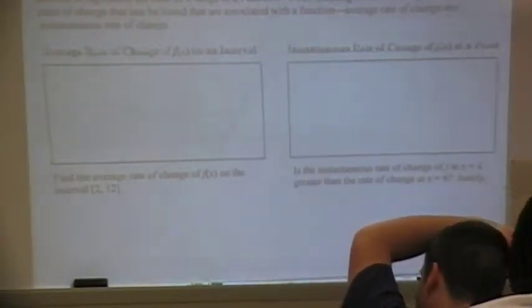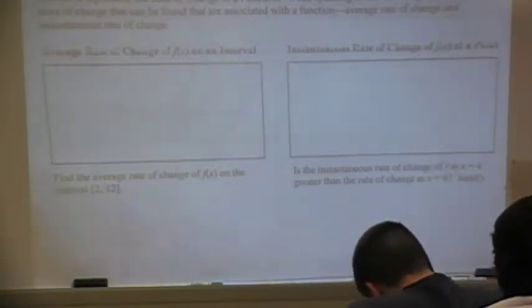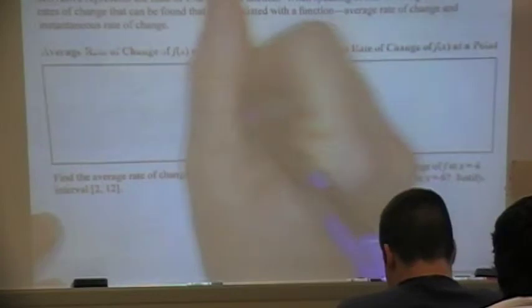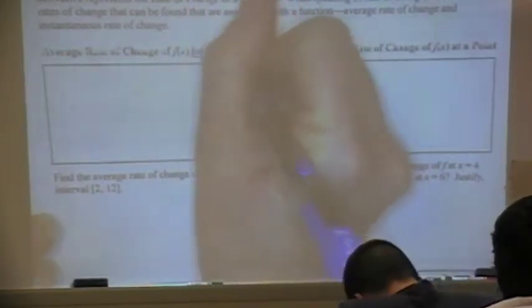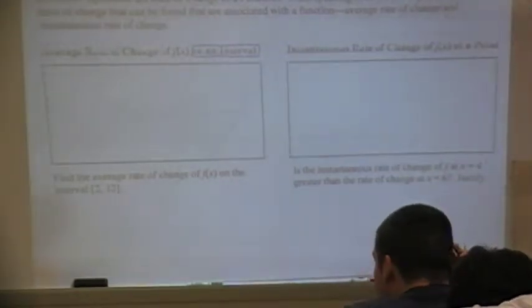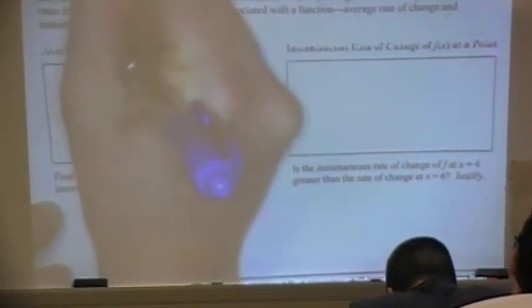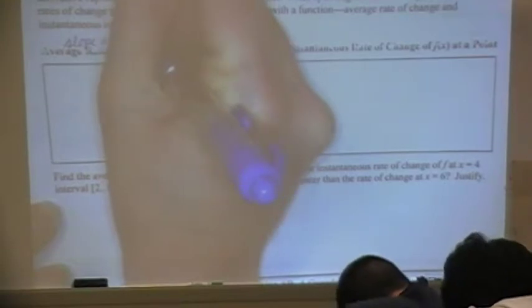Okay, so average rate of change on an interval. So this is important on an interval. We talked about intervals the other day when we were talking about extreme value theorem, about closing things off on an interval. Average rate of change will be found by the slope of a secant line.